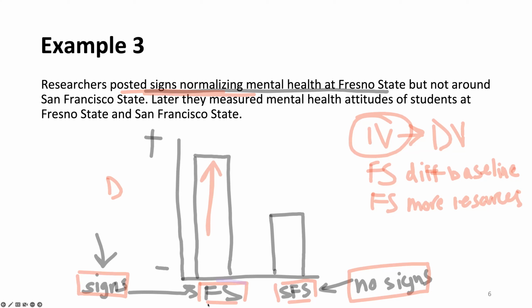Or is it just a difference about the populations that we looked at, a difference about the groups that could explain that result? So this is why with a quasi-experiment, this is a non-equivalent groups design. So this is a non-equivalent quasi-experimental study. This is why we don't have as much confidence that our independent variable caused our dependent variable.